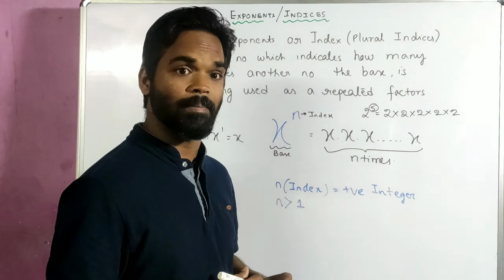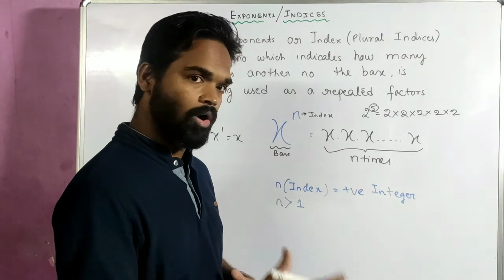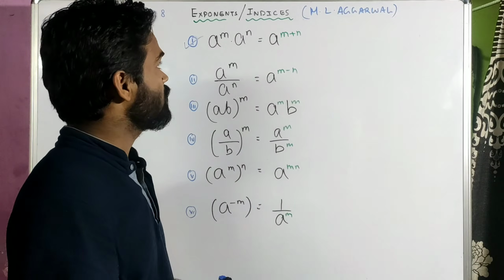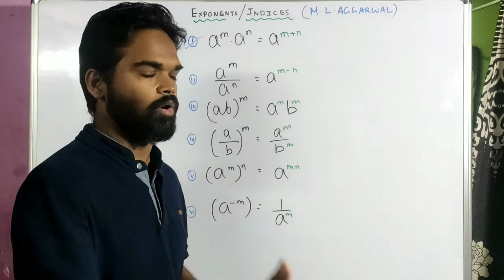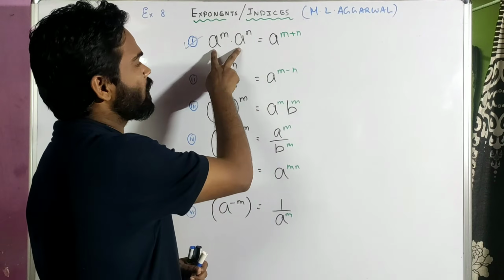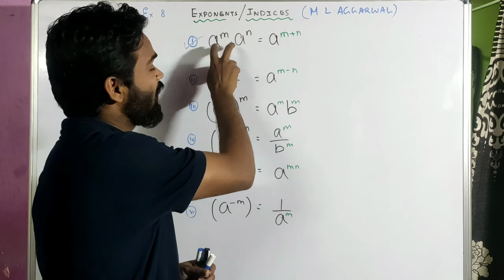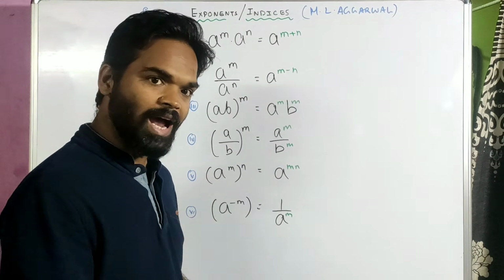Now we look at some properties or laws on indices. Okay. Now look at the properties of exponent or the laws. The first one, the product of two real numbers represented with an exponent and having the same base. In that case, what do we do?